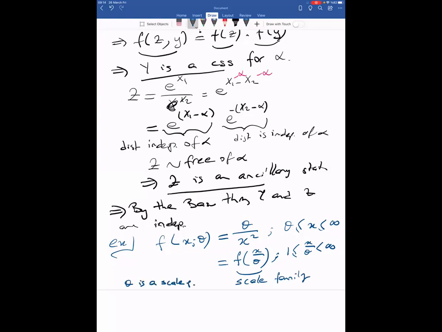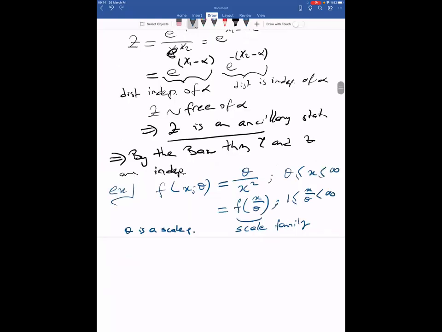So let's focus on the question here. First of all, let me give another piece of information. Again, here the range of x depends on the parameter theta. So from here and using the definition of completeness and sufficiency, you can show that the first order statistic is a complete sufficient statistic here.